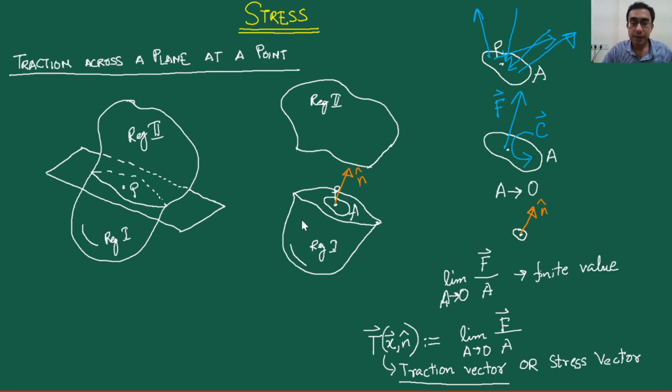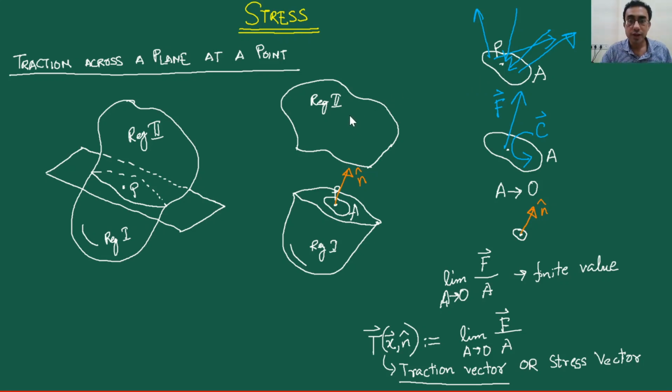Now we have been discussing all of this in the context of the region 1. So what about the region 2? Well, it is very simple. You can understand very well that this distribution of forces that are present on the area A is actually exerted due to the interaction with the region 2.